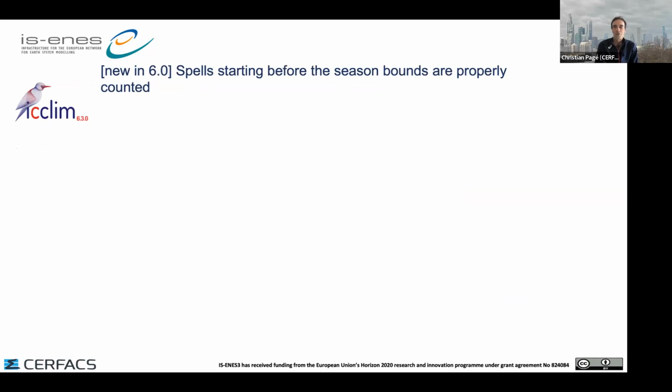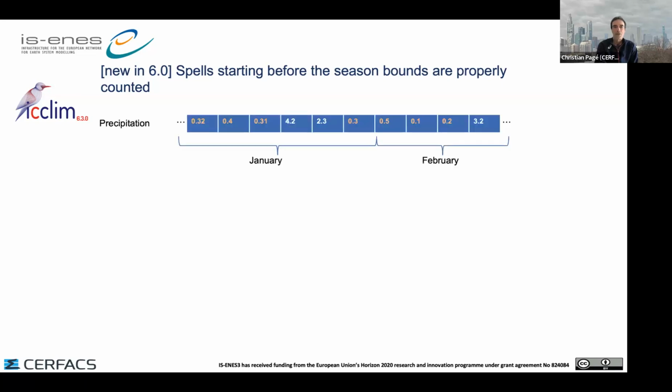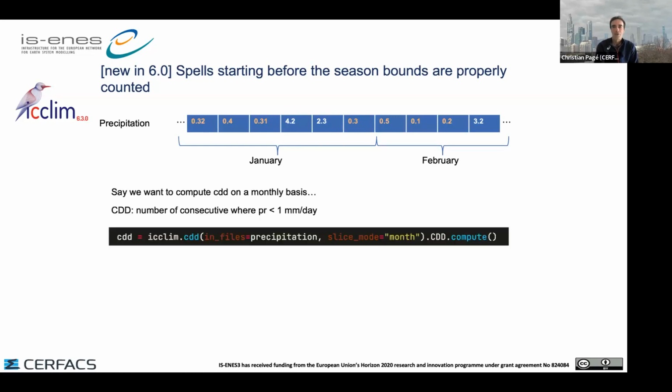Before explaining those generic indices, also in 6.0, there has been a fix related to the spells, because when you calculate a climate index based on precipitation, for example, you can have event-based climate indices that could span 2 months. For example, we have precipitation here. We see that we have 2 events with less than 1 millimeter per day.